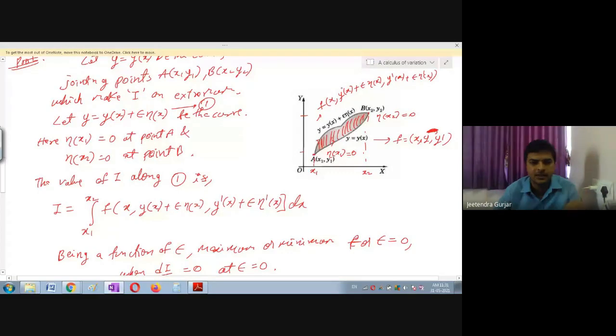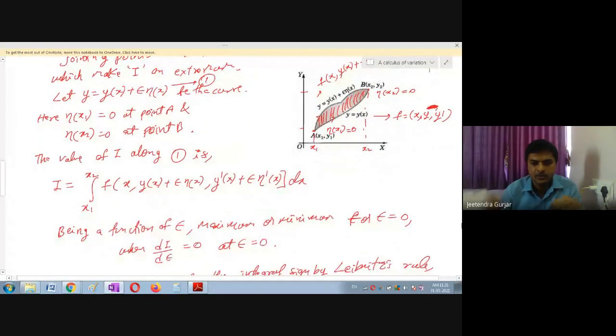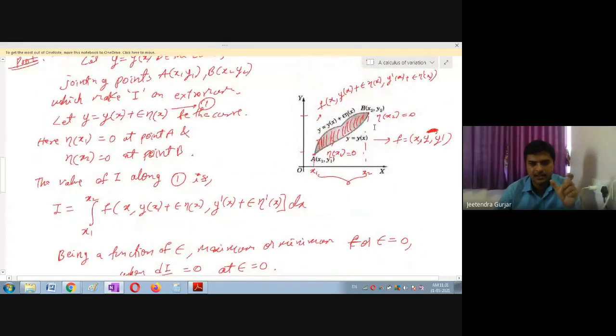That is what I have written in the integral sign from x1 to x2, because all these strips we are going to sum up, so we use the integration. Now, from the figure, epsilon is the extra part we add to the function.